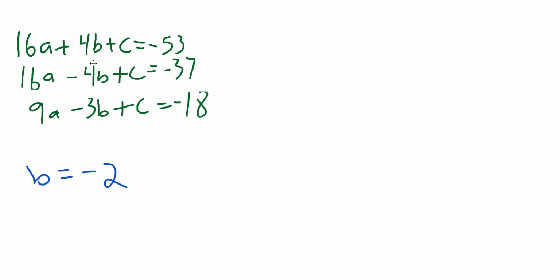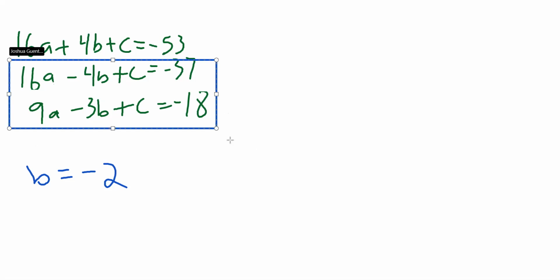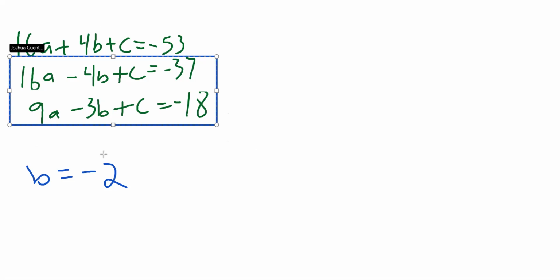But notice, here's another little trick. If I were to deal with these two equations, equations 2 and 3, just kind of playing pretend, if I were to subtract this equation from this equation, I notice that the C's would go away. I already know what the value of B is.